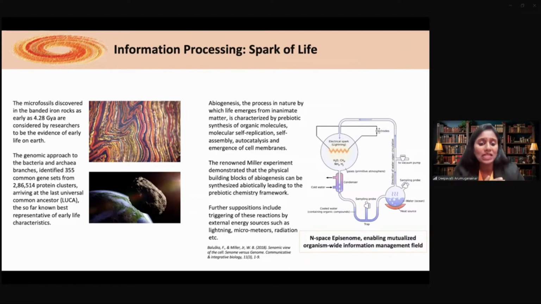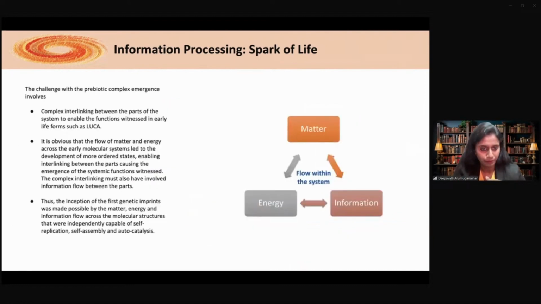The renowned Miller experiment demonstrated that the physical building blocks of abiogenesis can be synthesized abiotically, leading to the prebiotic chemistry framework. Now, this prebiotic chemistry framework alone is not sufficient for abiogenesis. The N-space epigenome, which enables the mutualized organism-wide information management, is also necessary for the formation of the spark of life.